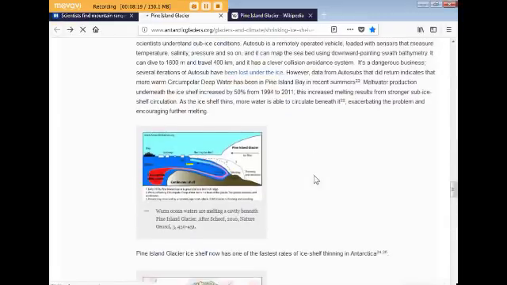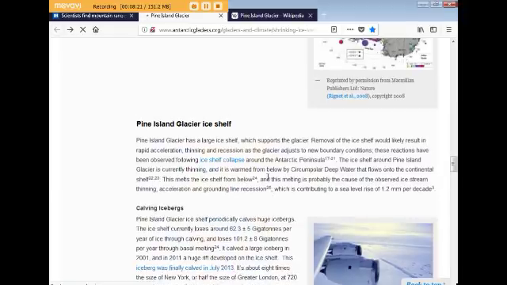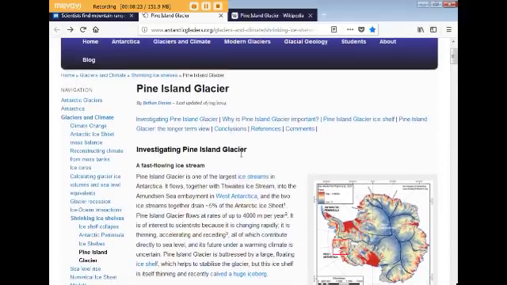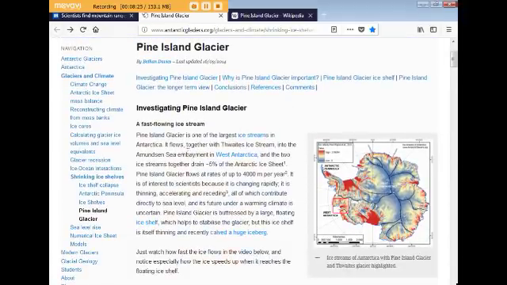I'm almost done. It flows together with Thwaites ice stream into the Amundsen Sea embayment in West Antarctica, and the two ice streams together drain about 5% of the Antarctic ice sheet.